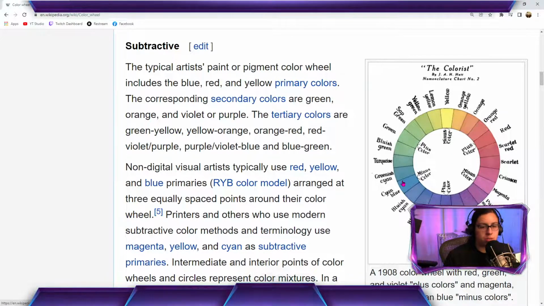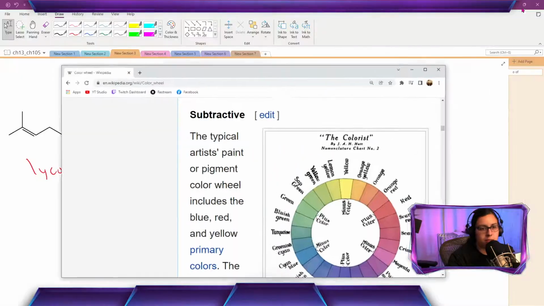So light is all the colors. So that's also important to know. So it's coming in, and then this lycopene can absorb everything on this side. So a lot of the blues, the greens, purples. And then what's left is what we see. So since it doesn't absorb a lot of the red, that's what is reflected back at our eye and what we see.